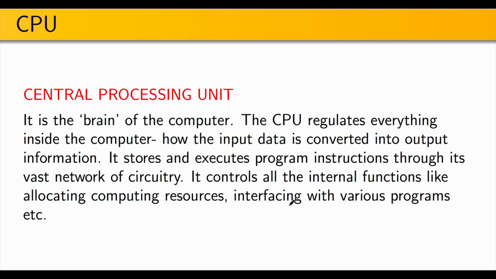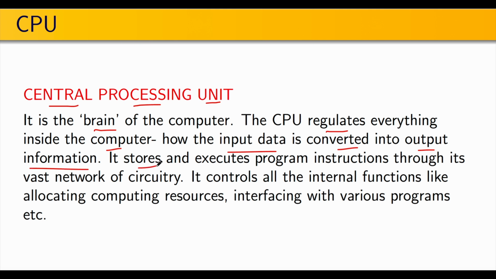So now we go into the slide details. What we have here is the central processing unit, CPU. This is called the brain of the computer. The CPU regulates everything inside the computer, how the input data is converted into output information.